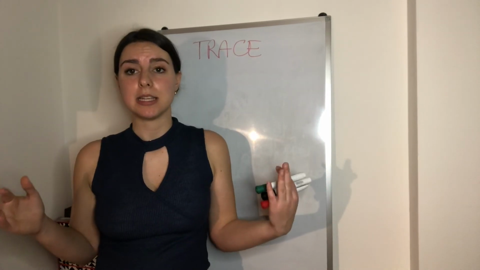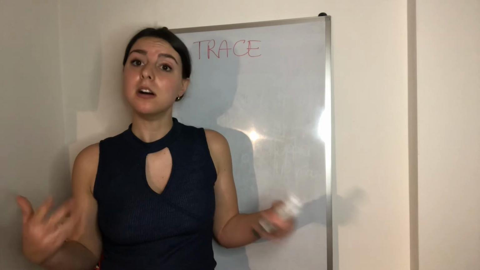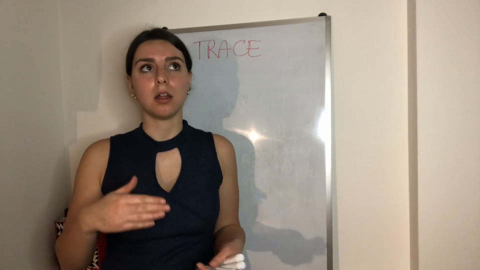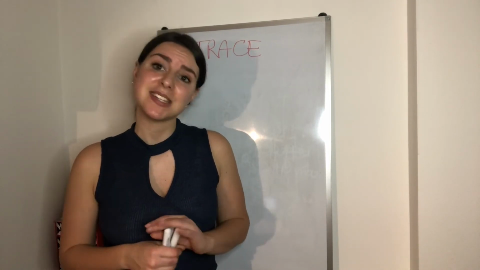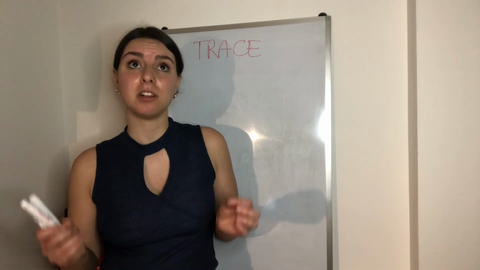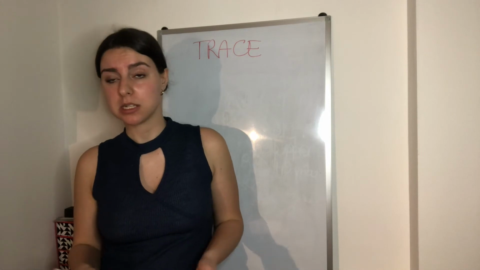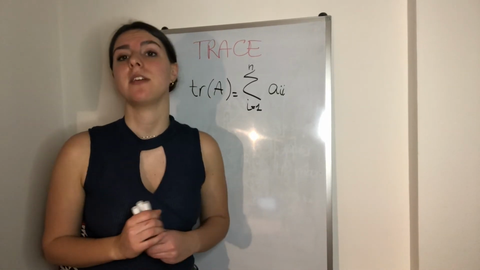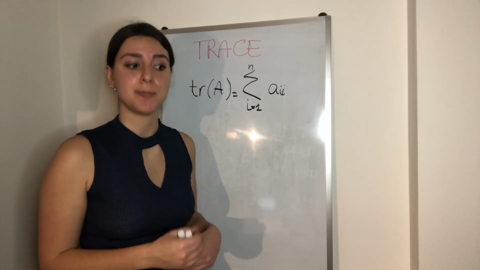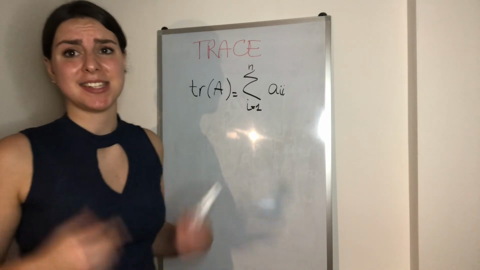The trace is the sum of all the entries on the main diagonal. This is also a peculiar thing of square matrices. Voila! This is the formula of the trace, and it's really easy actually.